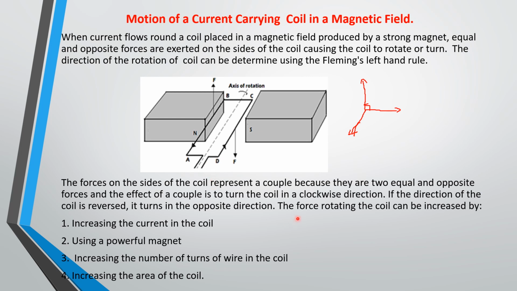Now the force rotating the coil can be increased, first, if you increase the current flowing into the coil; second, if you use a very powerful magnet; third, if you increase the number of turns of wire in the coil, that is, if you make more wires on this coil; and fourth, if you increase the area of the coil. These are factors that can make the rotation of this coil increase.